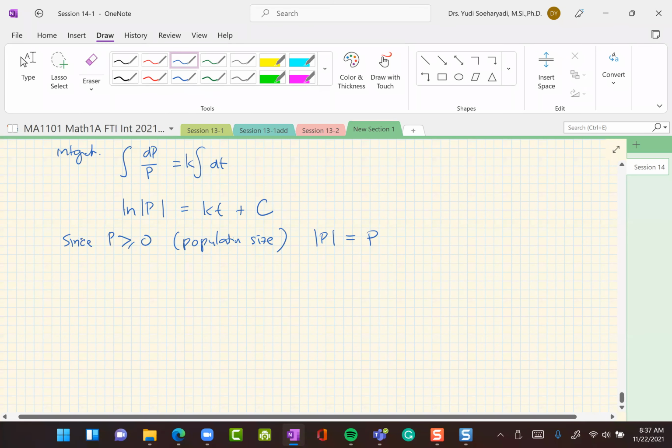So it's just ln of P. And take the exponential, so the exponential cancels the ln. P equals e to the kt plus c.